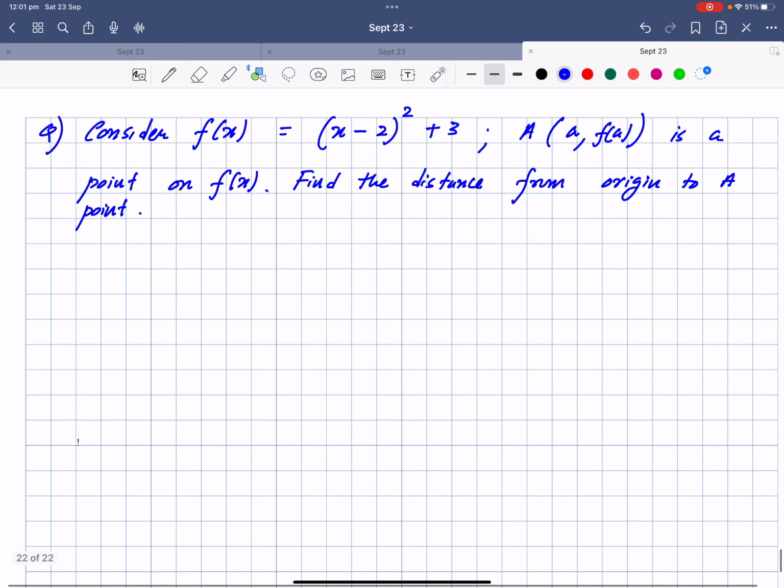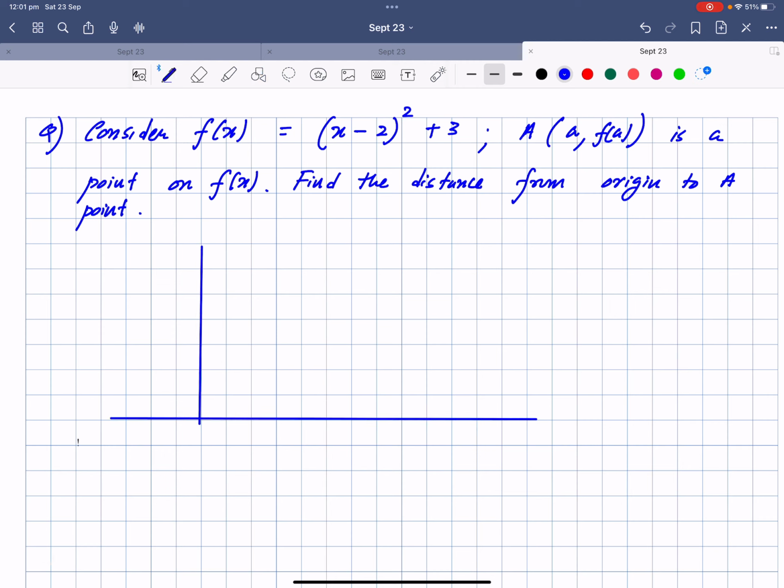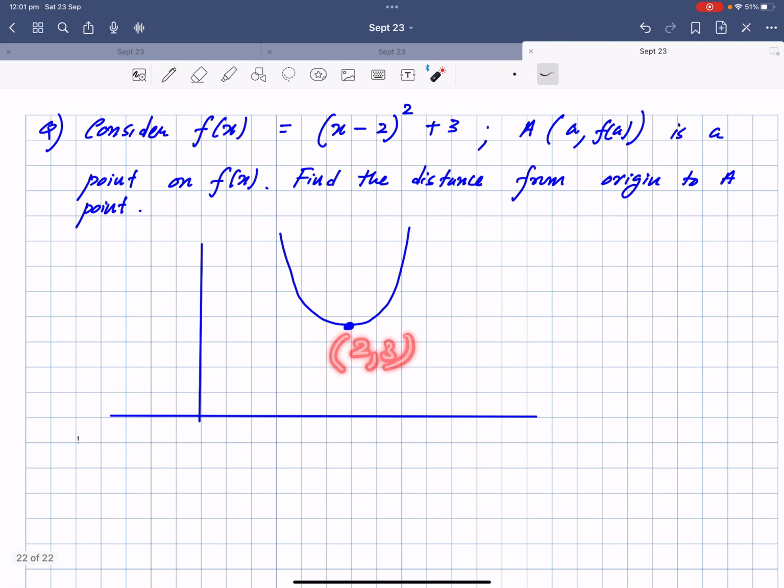Now, firstly we'll try to visualize this. It would be something like this, where this point is (2, 3), because you can find the turning point from this. So it's going to be 2 comma 3. So this point is 2.